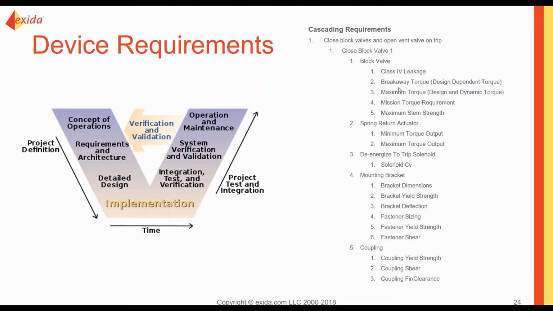So not only is there breakaway and maximum torque, but also mission torque requirements. How does the torque change over the entire time that valve is installed? How do those requirements change? What's the maximum stem strength?